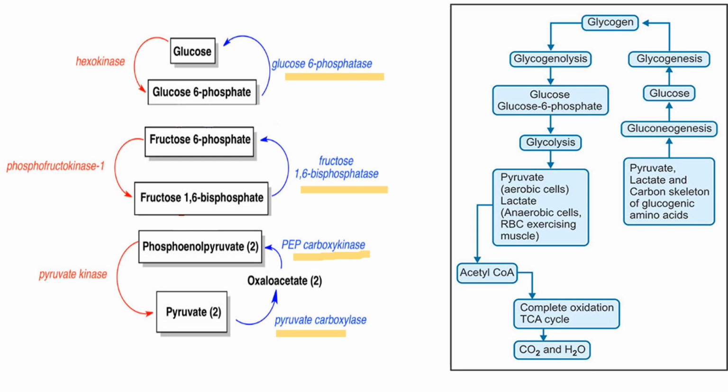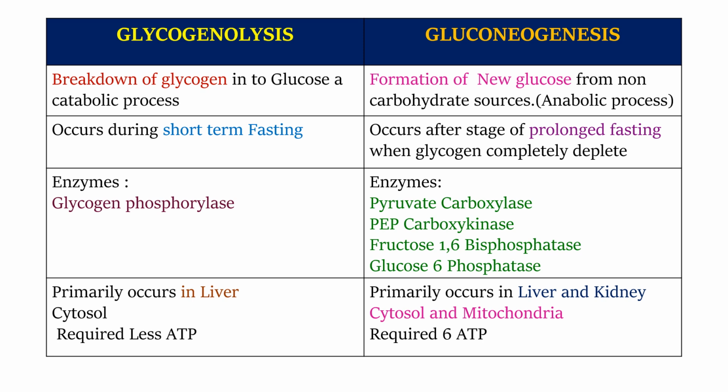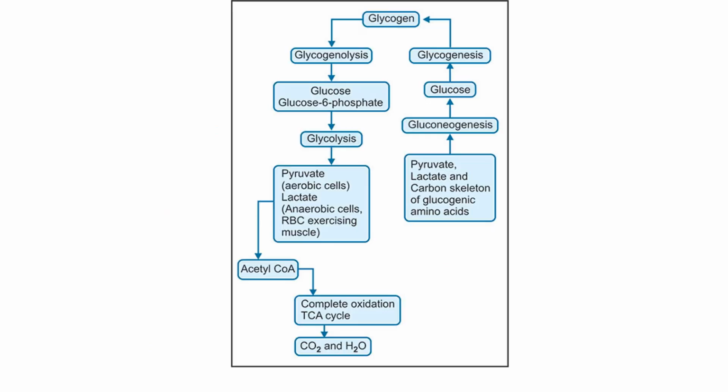Some steps in gluconeogenesis are reversible steps of glycolysis. Next, glycogenolysis primarily occurs in the liver, and gluconeogenesis occurs in the liver and the kidney. Glycogenolysis occurs in the cytosol and requires less ATP, whereas gluconeogenesis occurs in the cytosol with some steps in the mitochondria, and it requires around 6 ATPs.